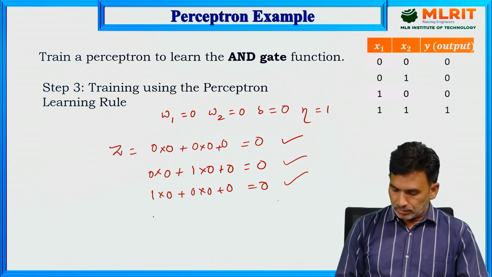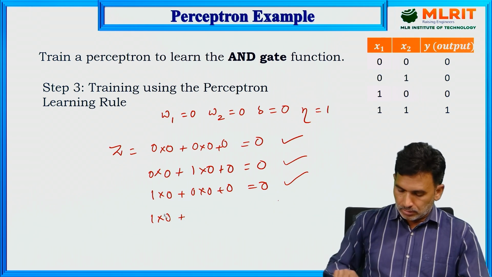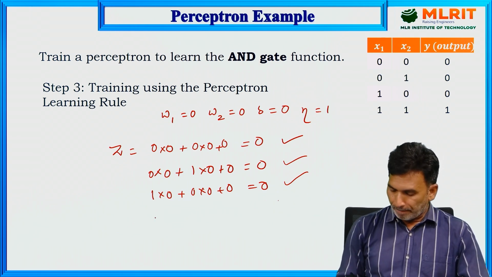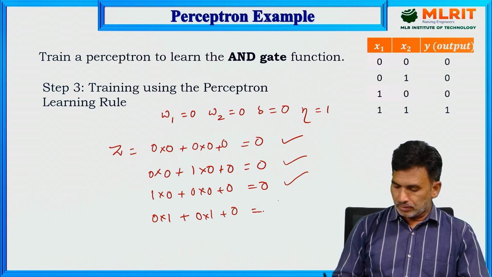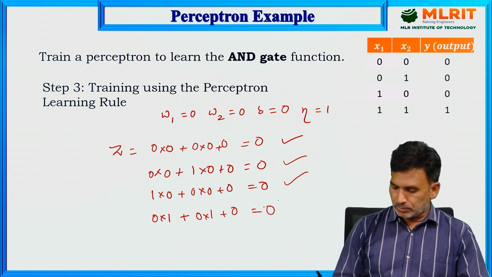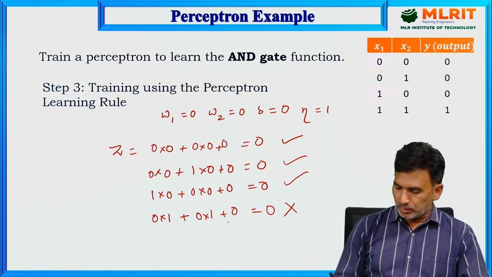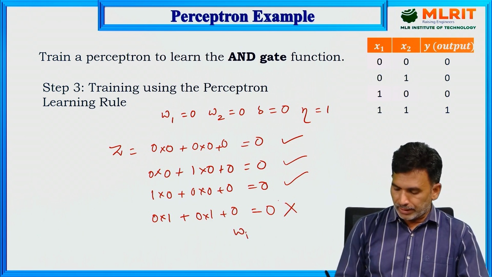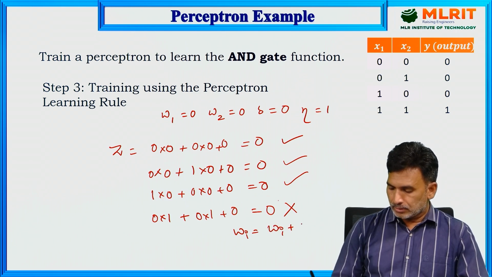And suppose 1 times 0 plus 1 times 0 plus 0, it produced 0, so it is a wrong prediction. So then weights need to be updated. Wi is equal to Wi plus delta Wi.